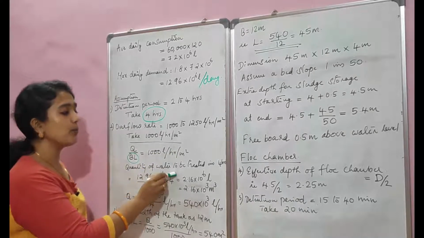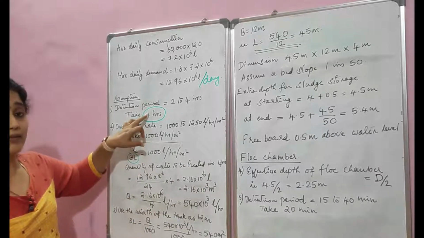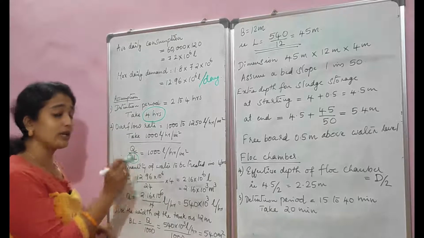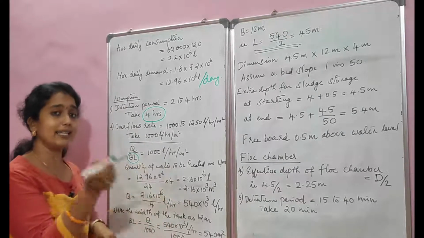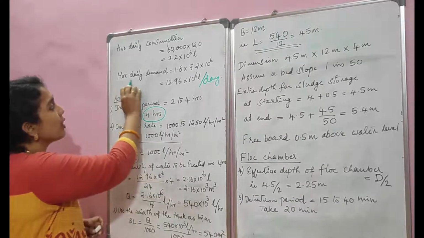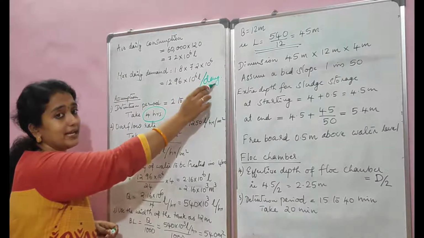Then the quantity of water to be treated in 4 hours, because our detention period we already assumed as 4 hours. The value we have already obtained is the maximum daily demand, that is the per day demand.